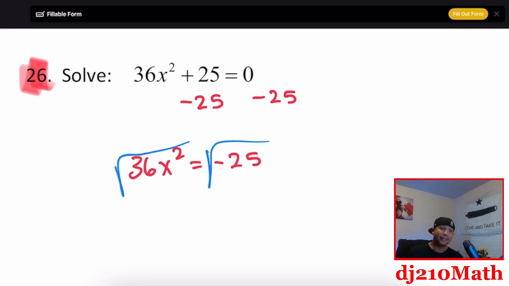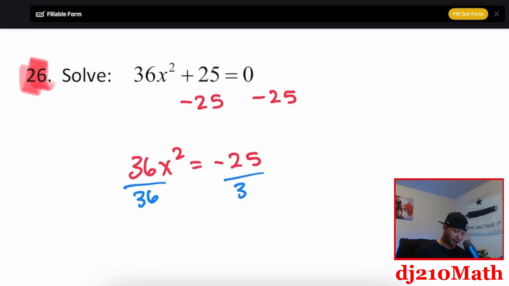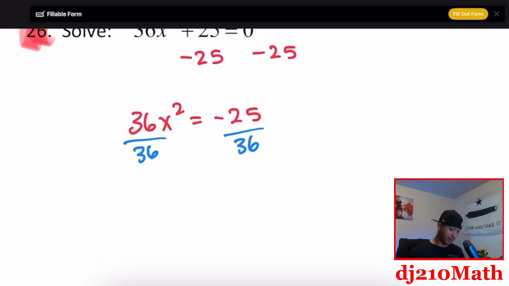In this particular case, it wouldn't be the worst thing because 36 is a perfect square. However, if 36 is not a perfect square, most people don't understand what to do. So it's my suggestion to just isolate x squared. Just get x squared by itself. And this is negative 25 over 36.